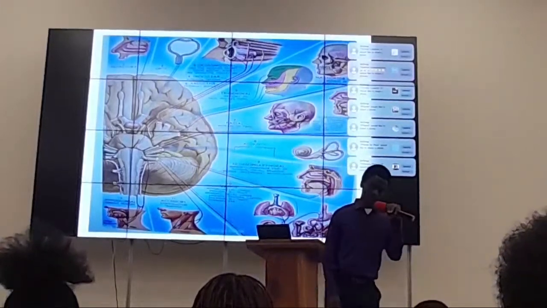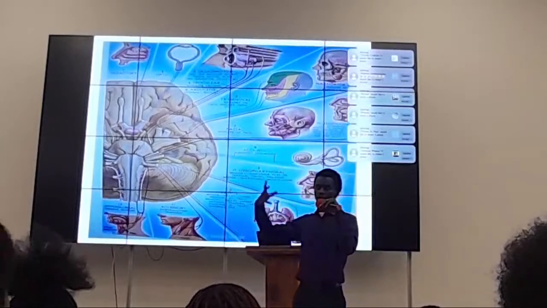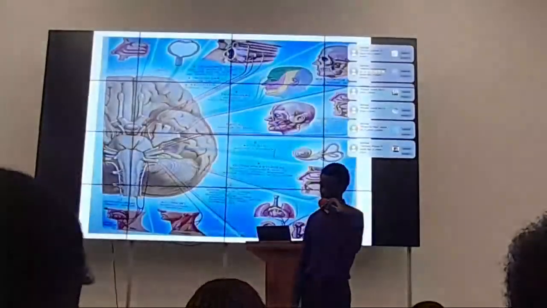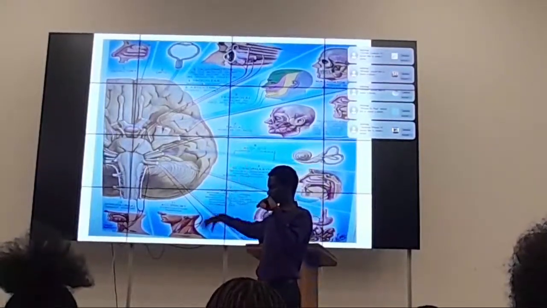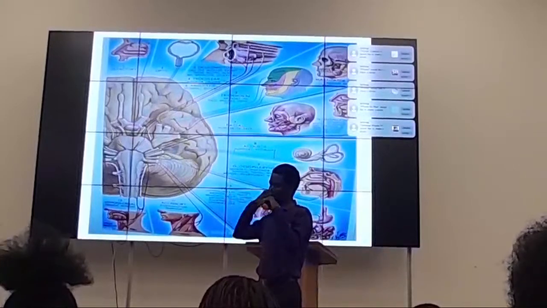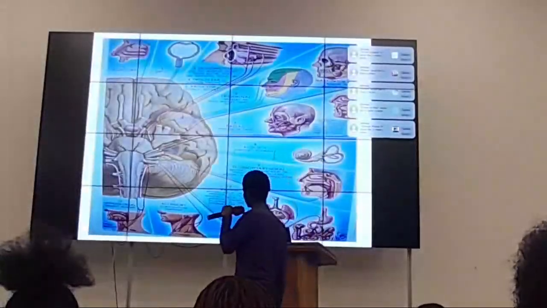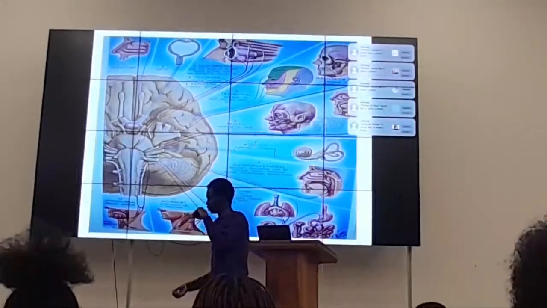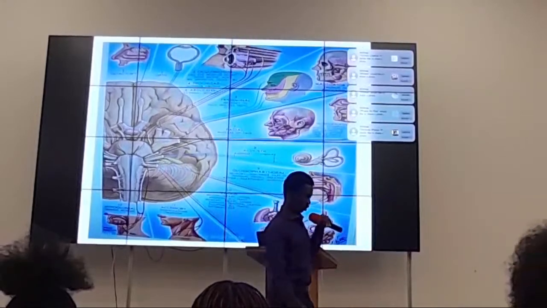Also, the facial nerve carries taste sensation from the anterior two-thirds of the tongue. Glossopharyngeal also controls some muscles of the pharynx. Stylopharyngeus, for instance, and so on. For now, we won't go into the details.